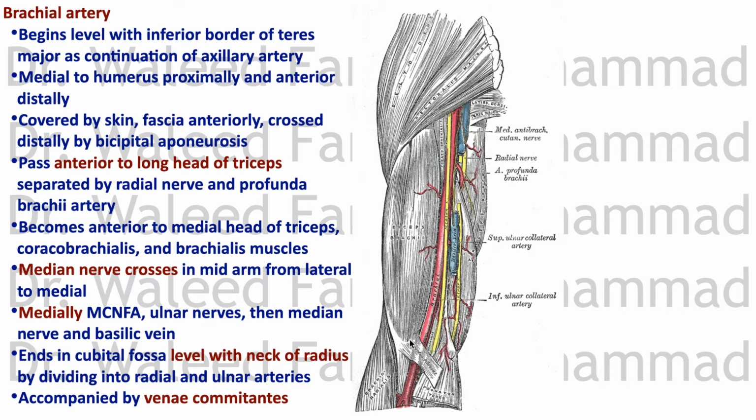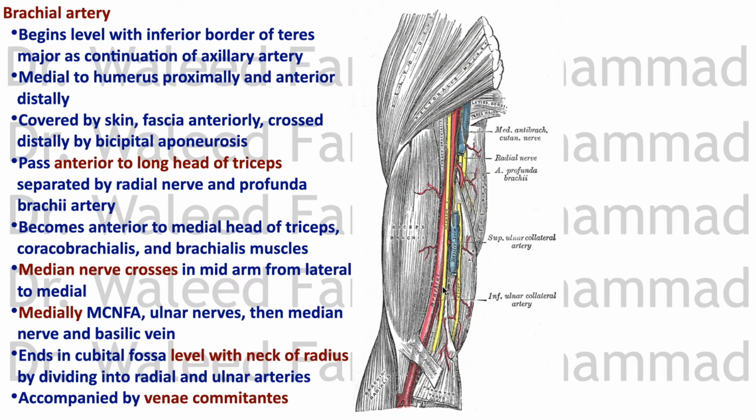It passes anterior to the long head of triceps, separated by the radial nerve and profunda brachii artery, becomes anterior to the medial head of triceps, coracobrachialis and brachialis muscles as it descends. And the median nerve, as you can see here, is formed on the lateral side of the brachial artery, then becomes anterior in the mid-arm, and in the lower arm it's medial, becoming medial to the brachial artery.